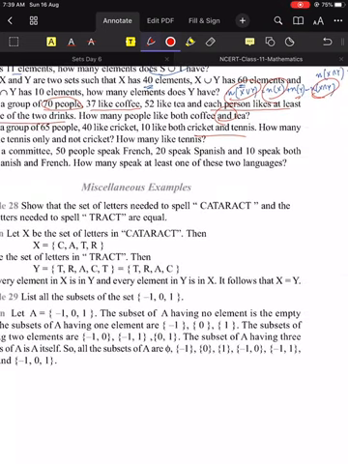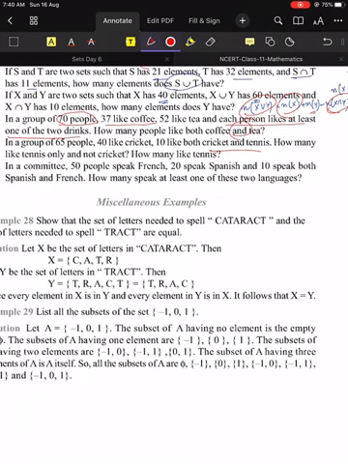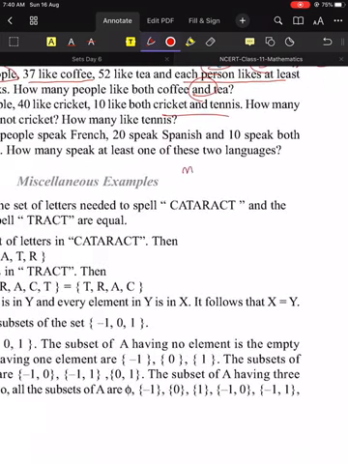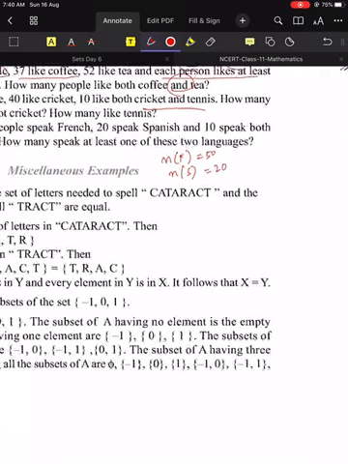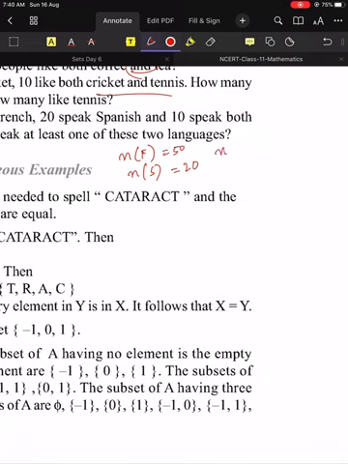I will just give you some hints. 50 people speak French, so NF is equal to 50. 20 people speak Spanish, so NS is equal to 20, and 10 people speak both, so N of F intersection S is given as 10.